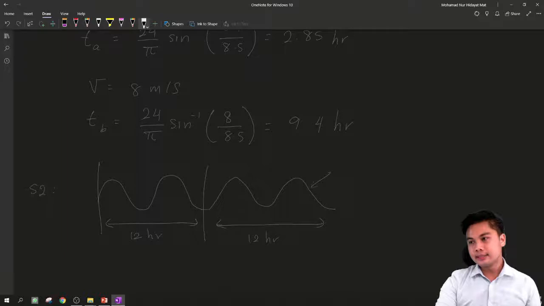So we know that V equal to Vm sine pi t over 24.